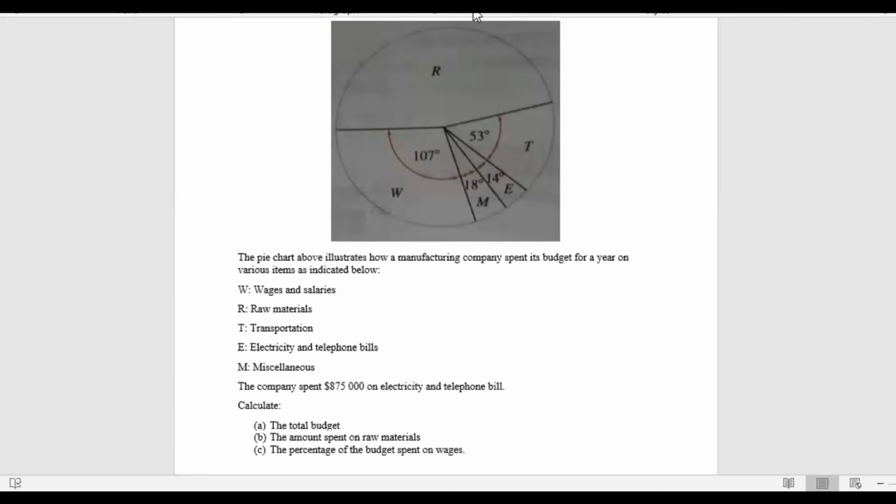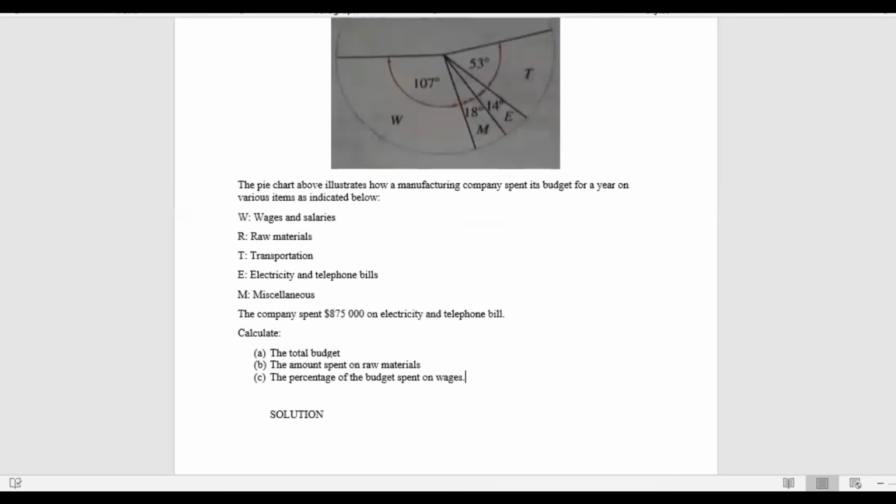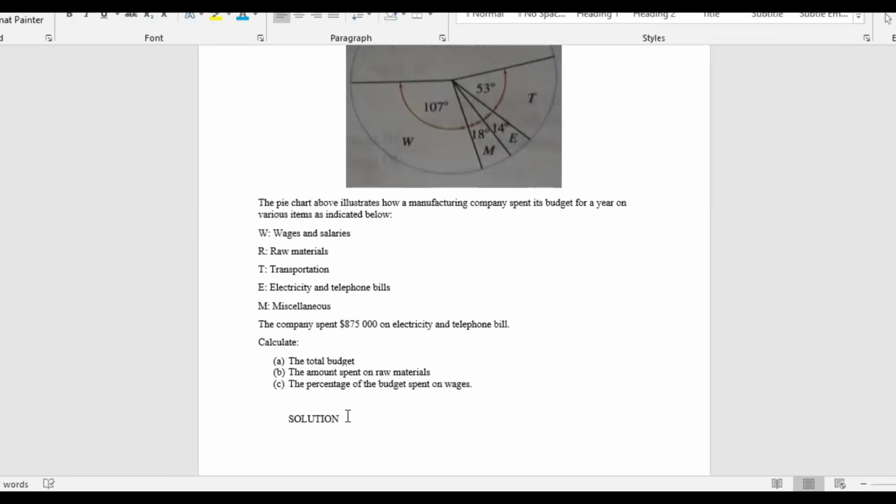Why are we doing that? What is the main reason we're doing that? Because 14 degrees is 875,000. The whole circle is 360, 14 degrees is electricity and telephone, 875 is what the company spent. And that's how you find the total budget.